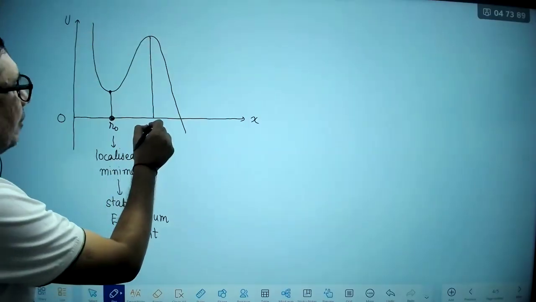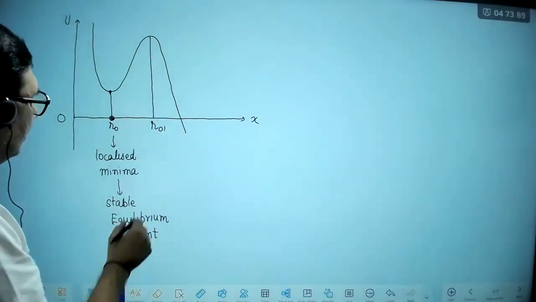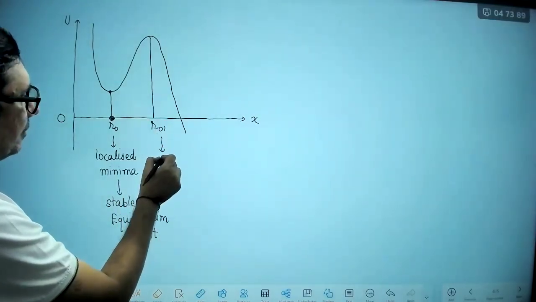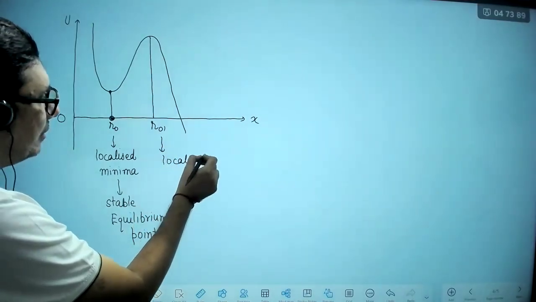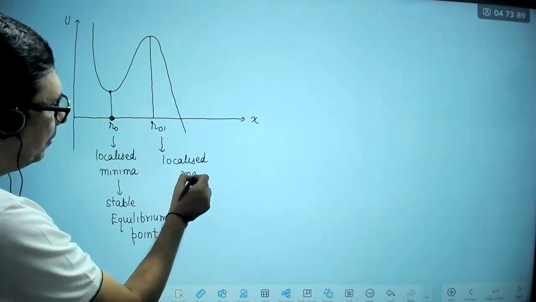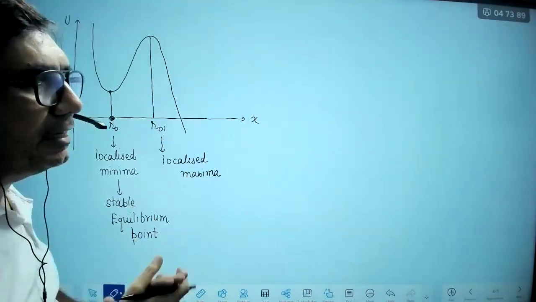So this I call R01. This is called a localized maxima. And even at a localized maxima, the condition of equilibrium is satisfied.